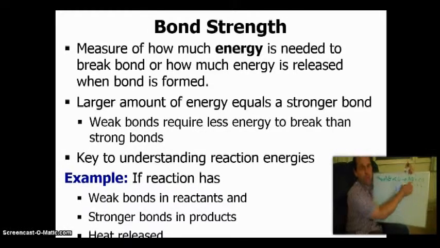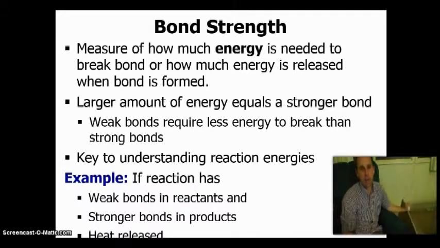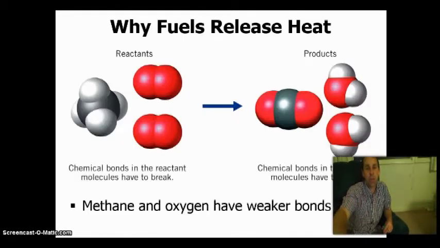If the new bond strengths are stronger, then that will release energy because these were weaker bonds and now we're forming stronger bonds. So then we'll have energy as a product. All right. So again, whether energy is required to go in or we get energy out is based on the relative comparison of the bond strengths of the products to the bond strengths of the reactants.